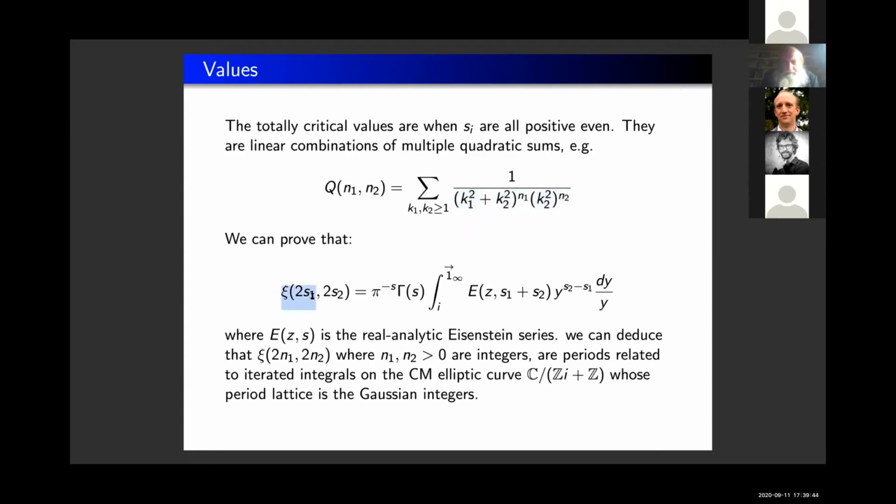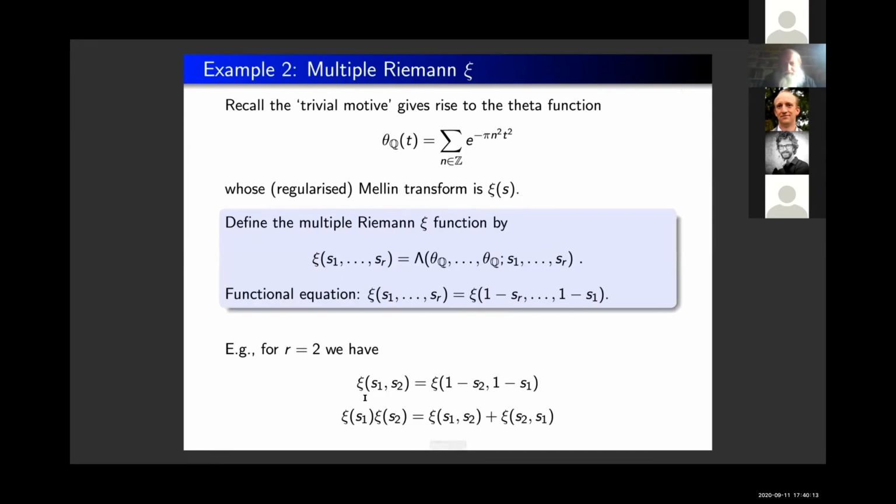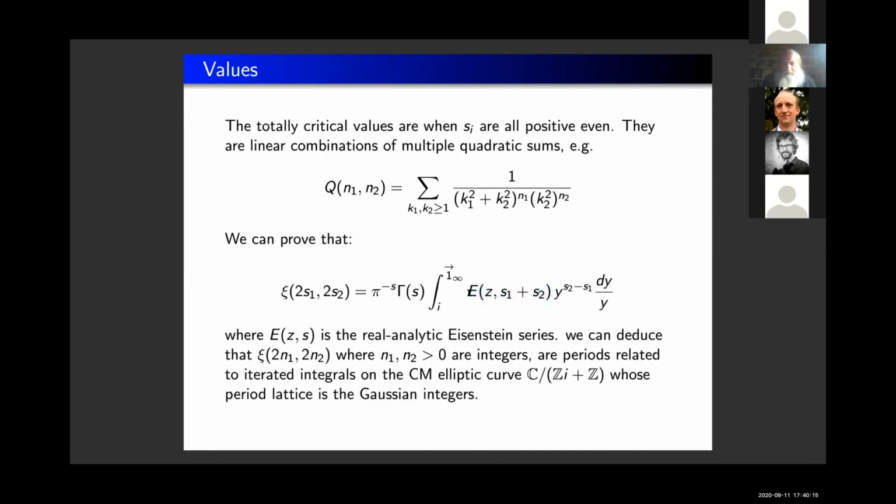In this case, you can show that this double zeta function in two variables is something very, very simple. It's just a Mellin transform of a real analytic Eisenstein series. And real analytic Eisenstein series we've seen a lot because it comes up all over the shop in string perturbation theory, so it's been in many of the talks already. It's a really fun exercise to check that the two functional equations I wrote down here follow from two properties of the real analytic Eisenstein series: its functional equation and its modularity.